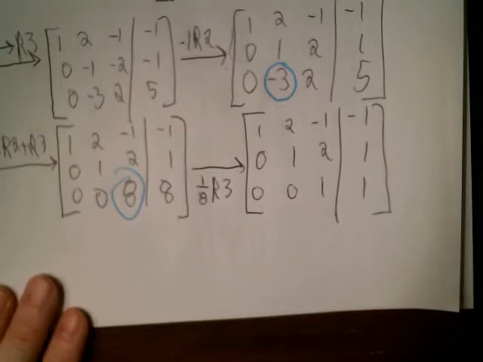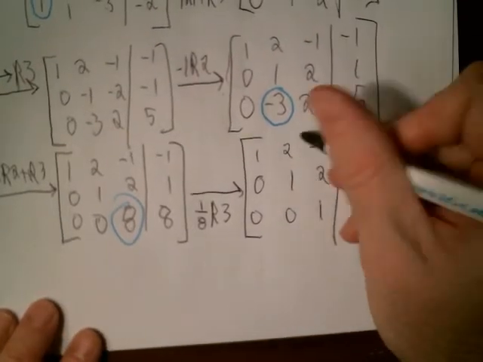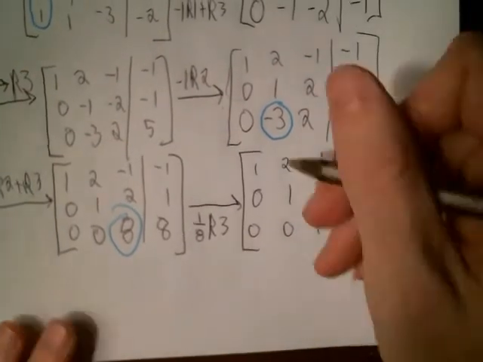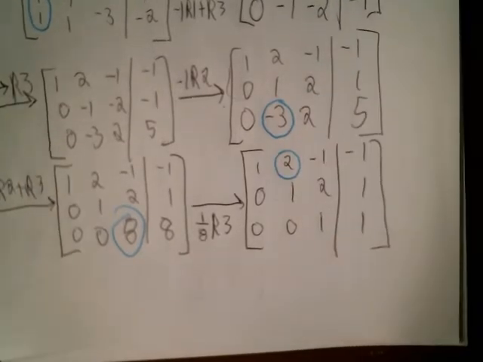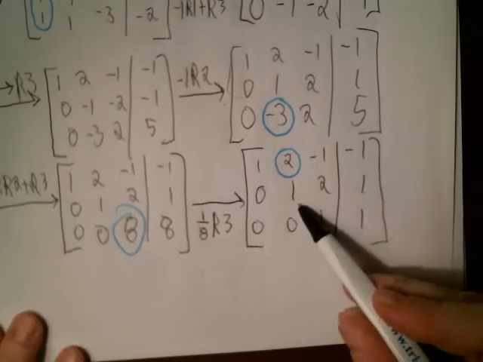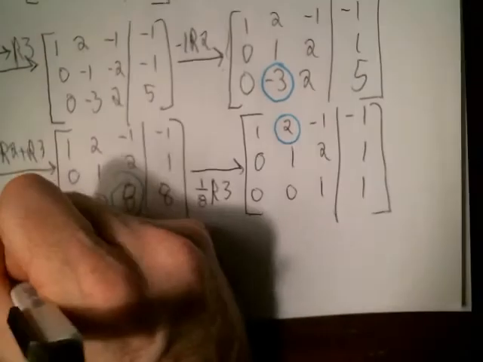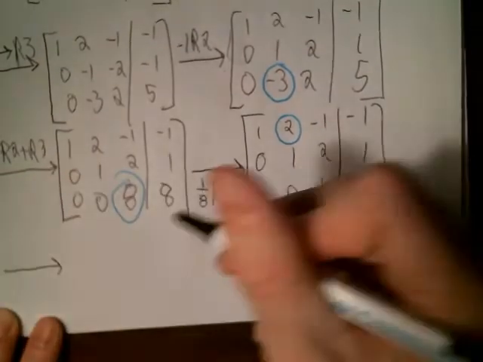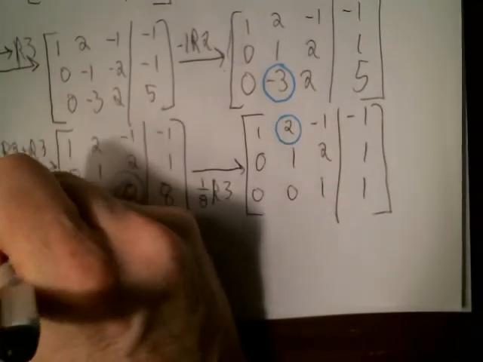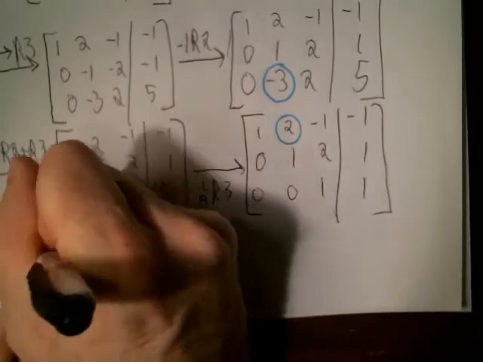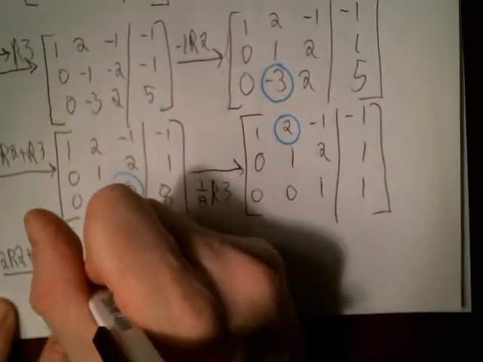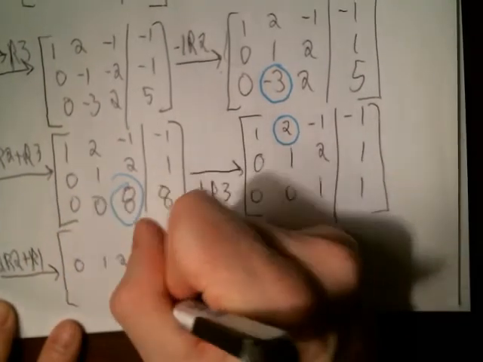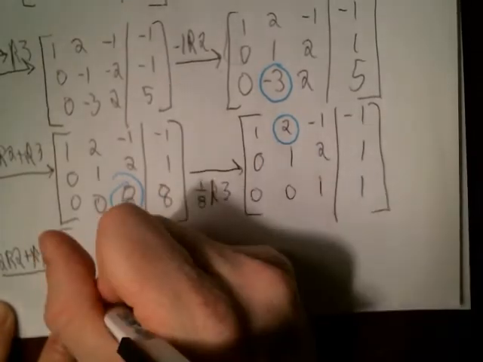Okay. And now I need to get zeros in the upper triangular region. So first I'll start with getting a 0 there. Okay, and I'll use the row below it. So I'm going to multiply row 2 by -2, and then add that to row 1. Okay, so row 2 and row 3 are unchanged.